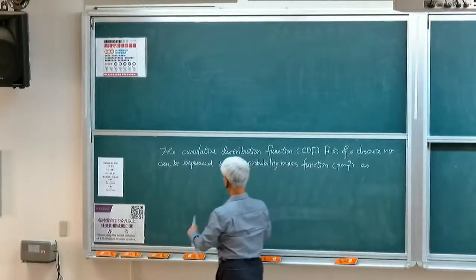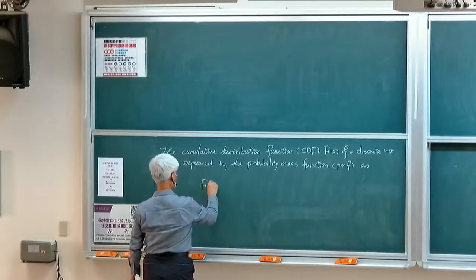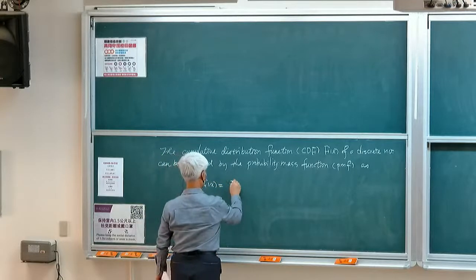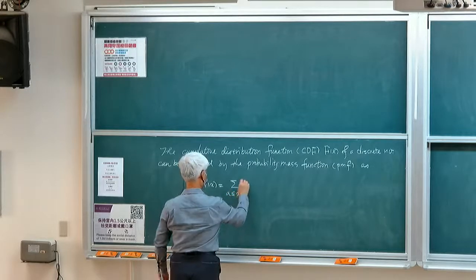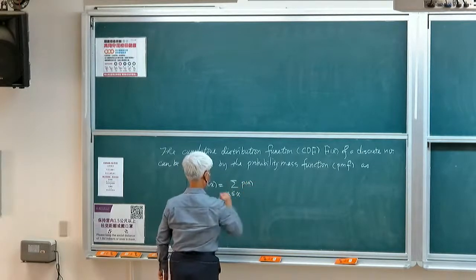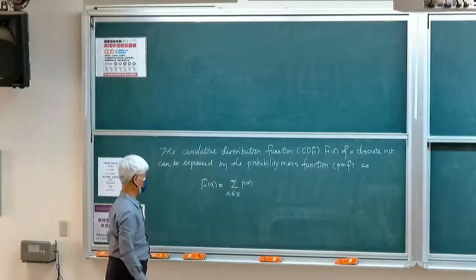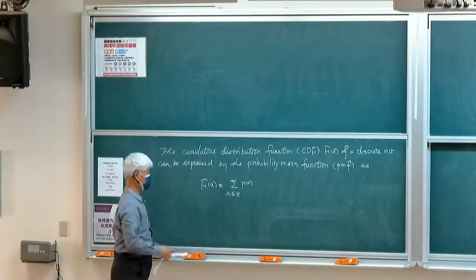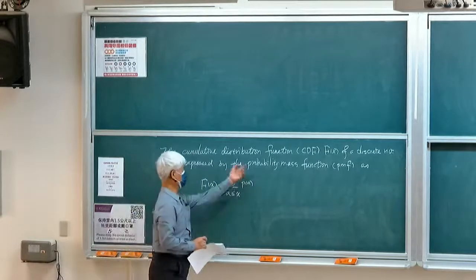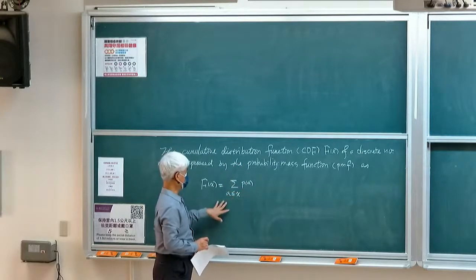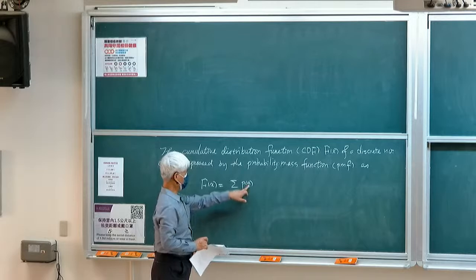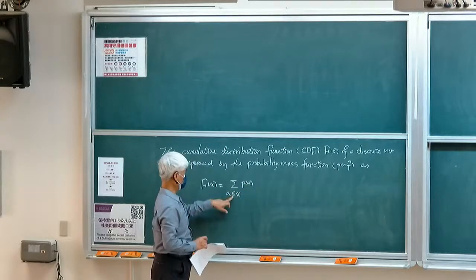Alright, so F(x) is the sum of P(a) for a less than or equal to x. So you just sum over all PMF values P(a) for a less than or equal to x.